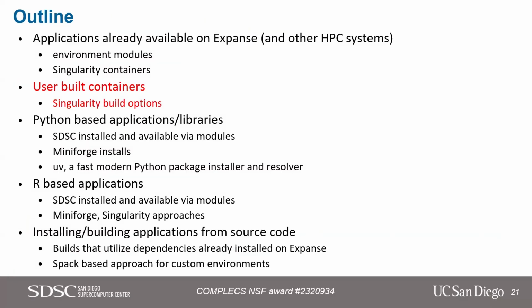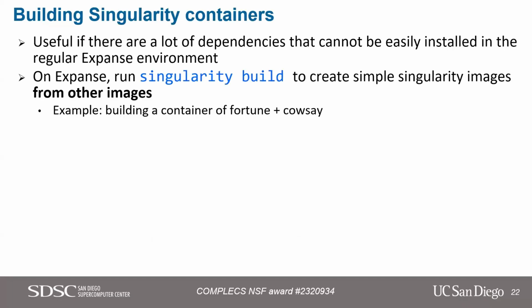And if you want to build your own containers, that's also possible, but it's also conditional. When there are lots of dependencies that cannot be installed easily in the regular Expanse environment, you may want to explore the possibility of putting all of them into a Singularity container.